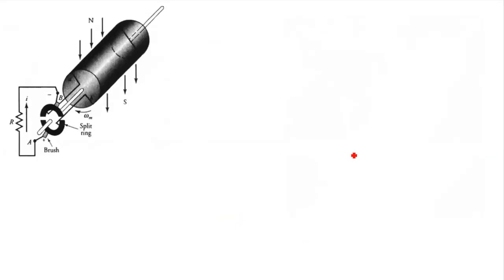Just by doing some simple arrangement, I can make it DC, because you can see here, if we arrange two commutator segments, or split ring, this is also called a commutator, or commutator segments, or sometimes split rings.